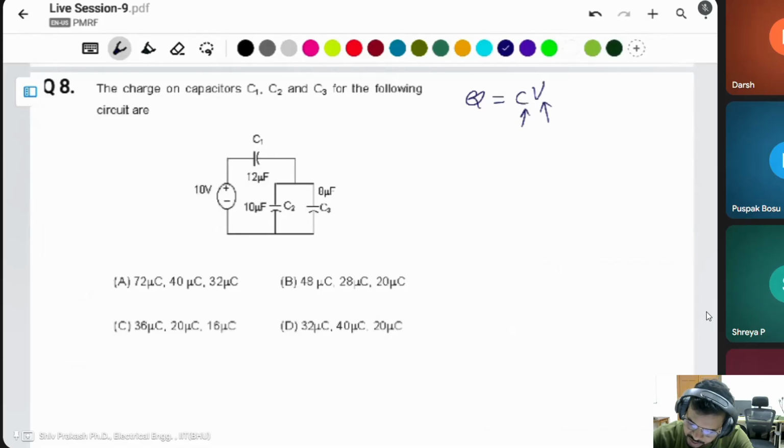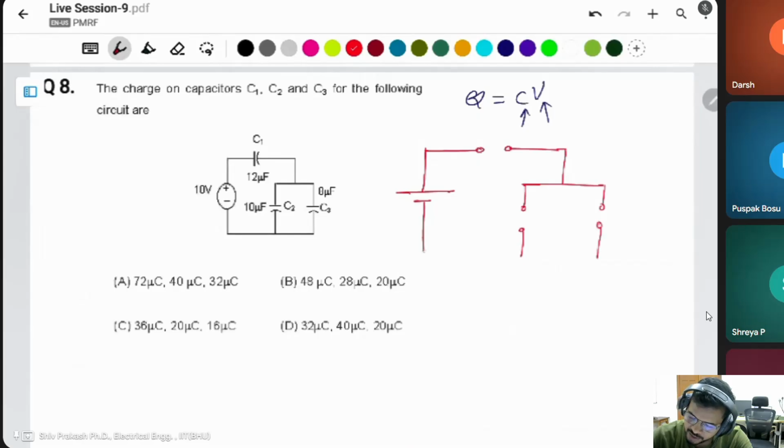Okay, I just write the circuit. This capacitor is open circuit. Again this capacitor is open circuit. All of the capacitors are open circuit in the DC case.